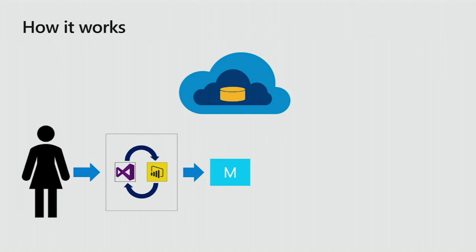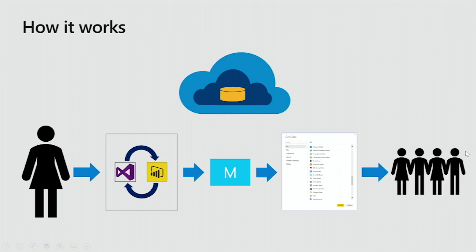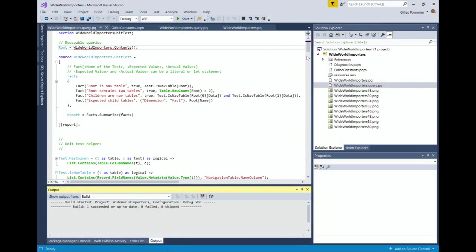So for Power BI, you have to use Visual Studio. If you use Visual Studio, it will create a solution, a project for you. You can import it, use it as a custom data source, and then provide this for your users. So I have my Visual Studio here with one sample.